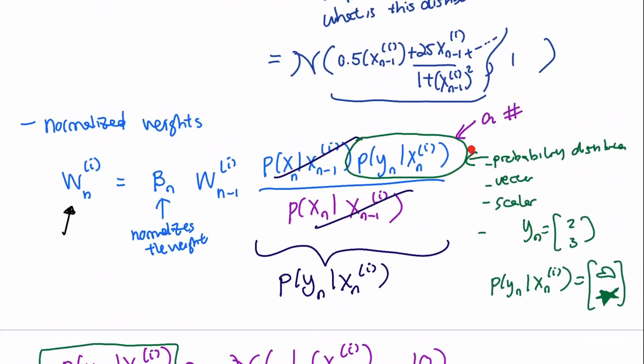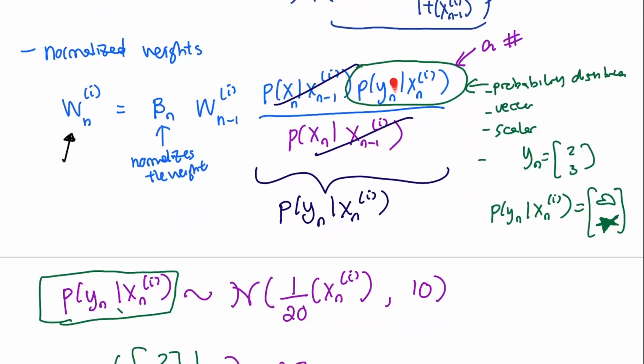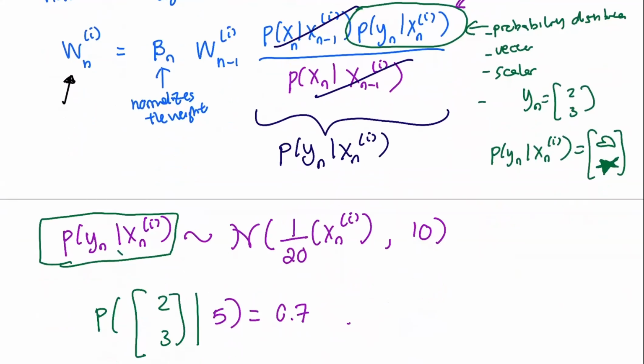So this is the probability of seeing this particular measurement, which I know because I'm seeing it, given the sampled state. Regardless of the dimensionality of the measurement or the state, this thing has to be a number, and the number comes from a Gaussian distribution.